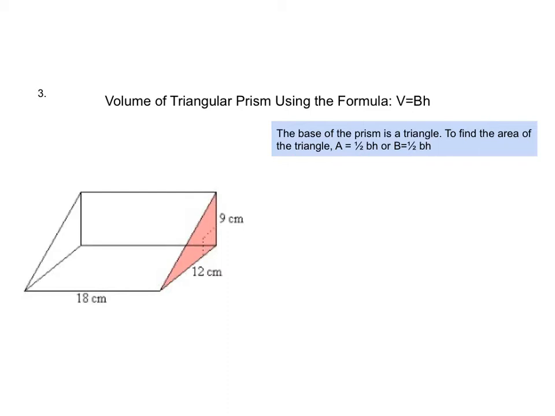Okay, so let me work this example for you. In this triangular prism, the base is highlighted red. So to find the volume of the entire prism, we'll use the formula volume is equal to area of the base times the height.